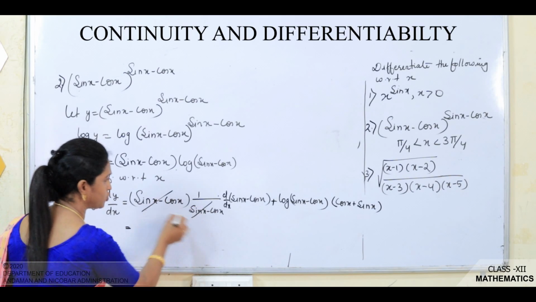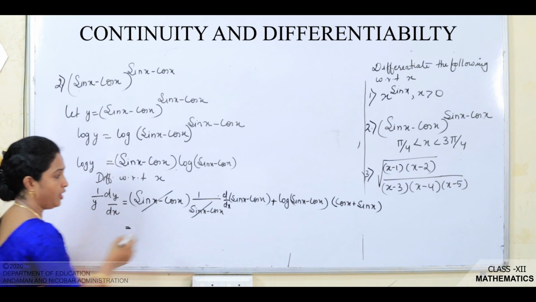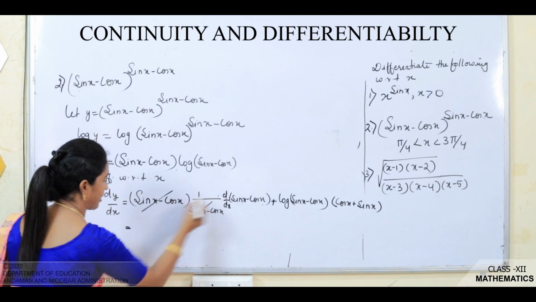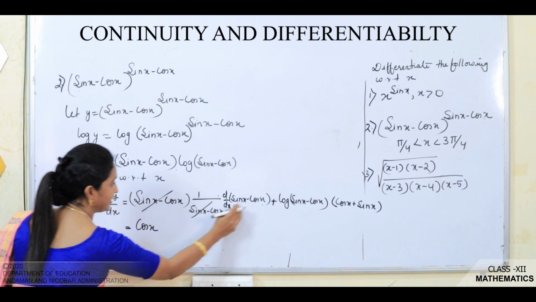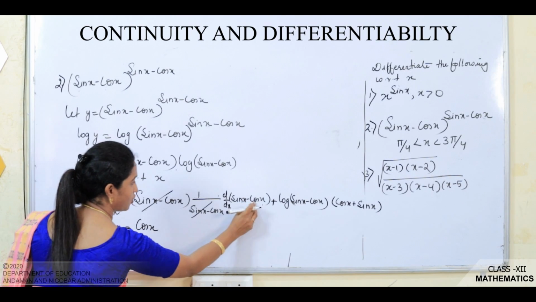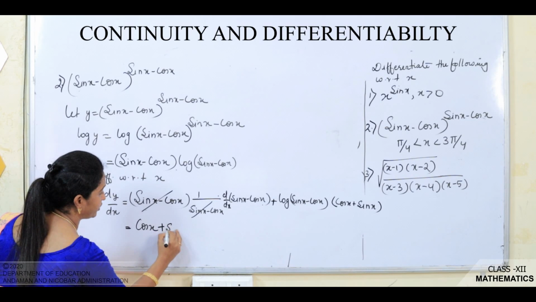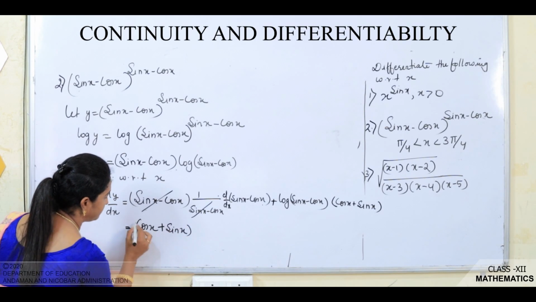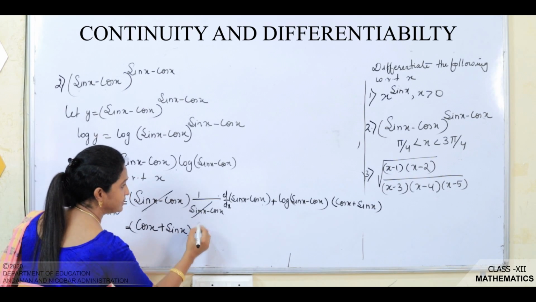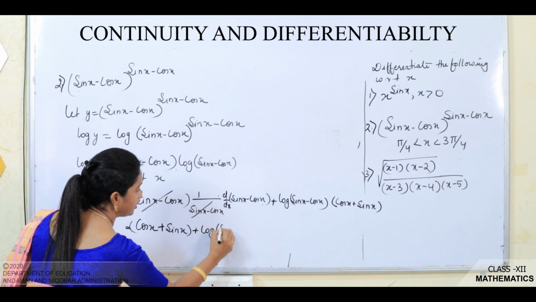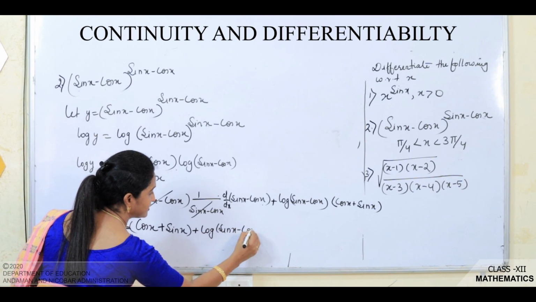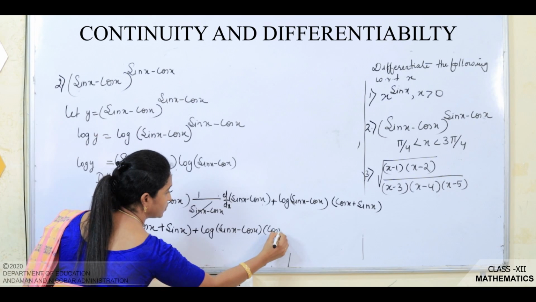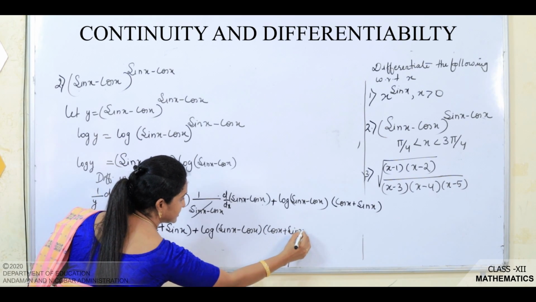You will observe these two get cancelled out. And here when you differentiate, the differentiation of sin x is cos x and of cos x is minus sin x, so it will become cos x plus sin x, plus log sin x minus cos x into cos x plus sin x.